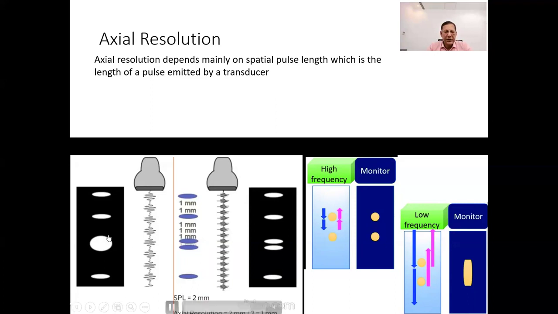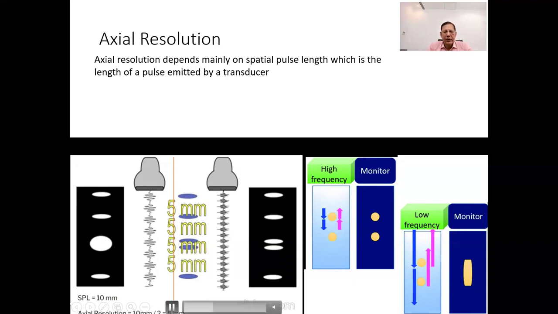On the left side of the following image, each of the reflectors must be at least 5 mm apart, or more, to be displayed accurately, as the spatial pulse length is 10 mm, and half of 10 mm is 5 mm. If less than 5 mm, the machine displays them as one.